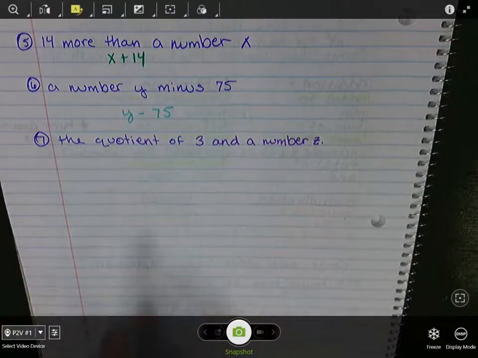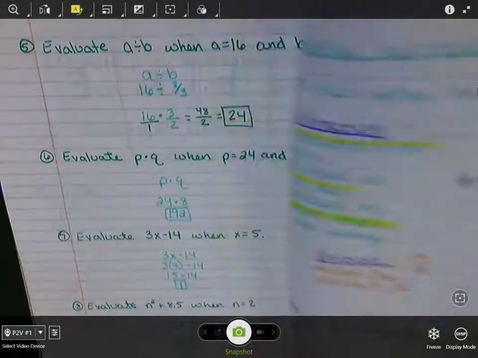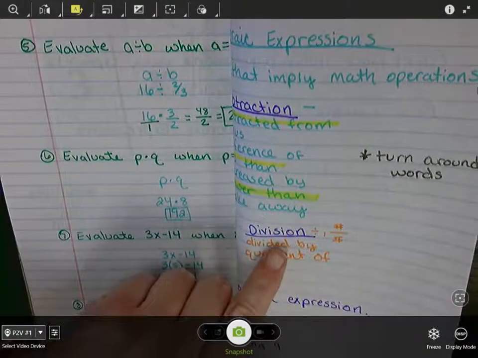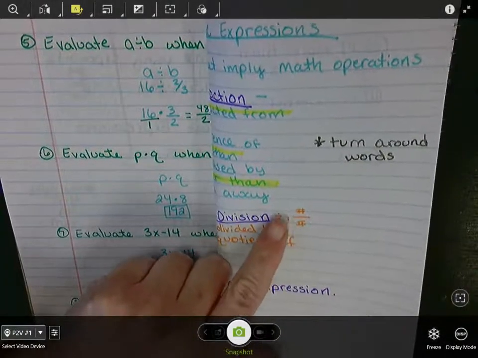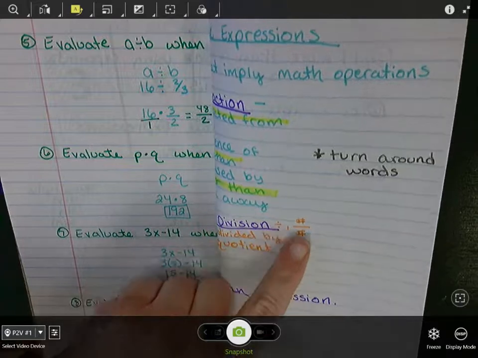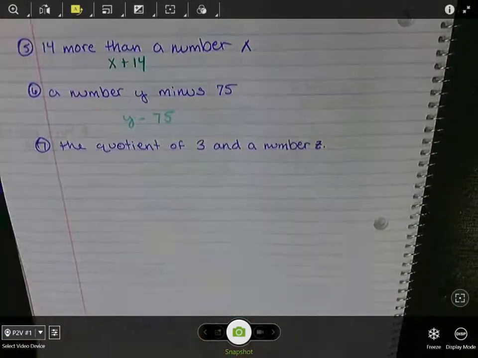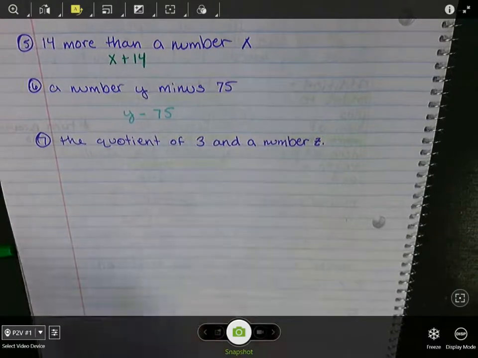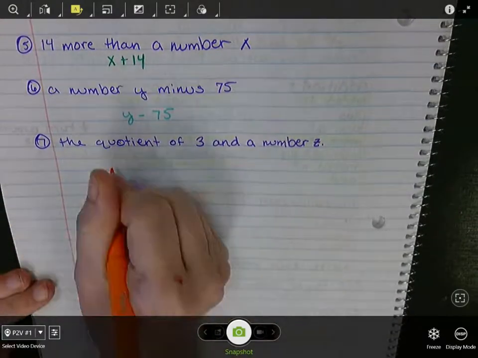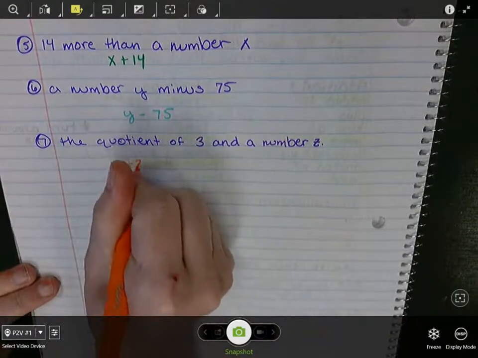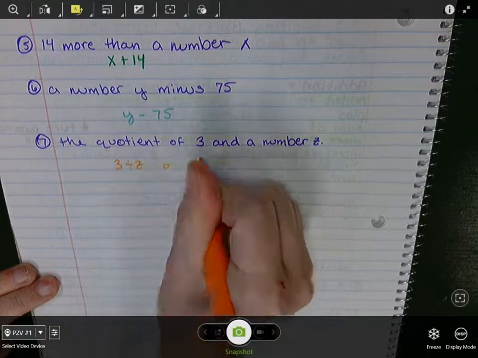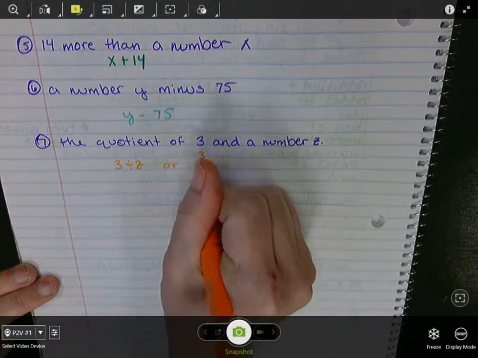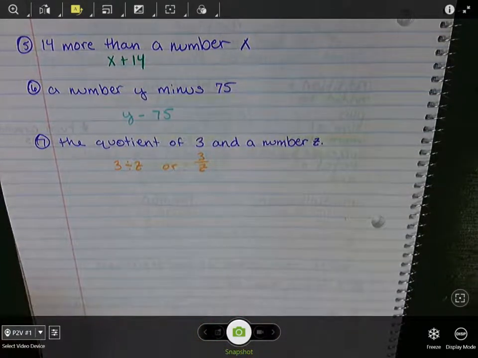All right, so I look back for the word quotient, and quotient right here means division, so I'm going to divide. So I can either write it using a division symbol or I can write it as a fraction. Okay, and so 3 and the number z. So quotient means to divide, so I would do 3 divided by z, or you can do 3 over z. Either of those work. Okay.